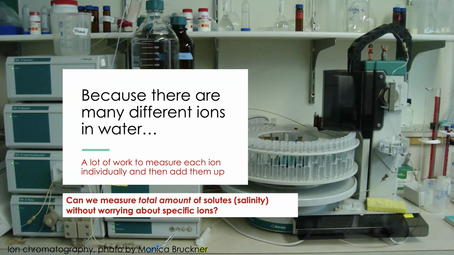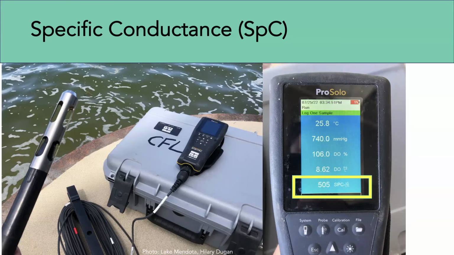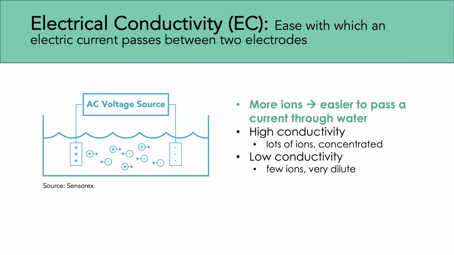So what we often use are sensors that can give us an estimate of salinity based on what we call specific conductance or electrical conductivity. This is a picture of one that I use. You can see I'm holding a metal stick on the left, and there's a readout there.